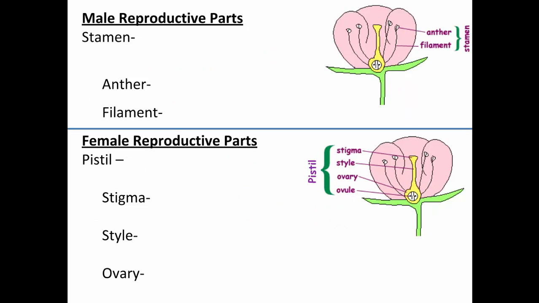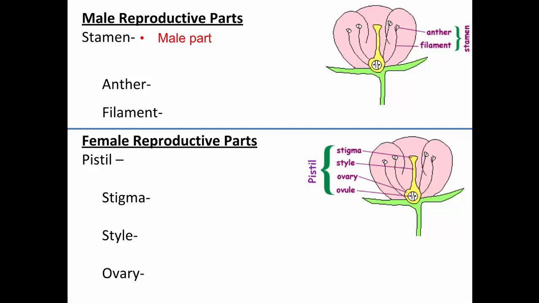It depends on the type of flower, but some flowers contain both male and female reproductive parts. Some contain only male, some contain only female. It depends on the species of plant, actually. So the male reproductive organ in a flower is called the stamen. There's usually several stamens in a flower.